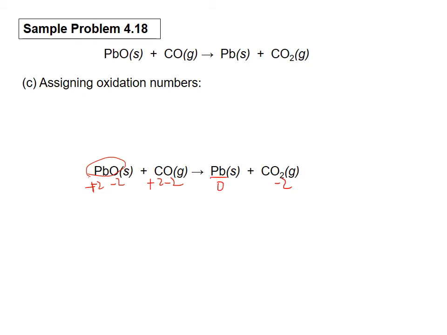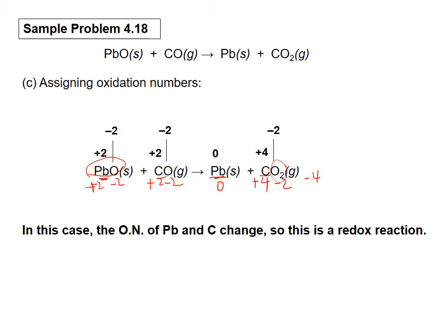In carbon dioxide, there are 2 oxygen, so that will be -4, and therefore carbon is +4. Okay, you can see lead changes oxidation number. Carbon also changes oxidation number. So these are the oxidation numbers, and therefore the reaction must be a redox reaction, because there are elements that change oxidation numbers.